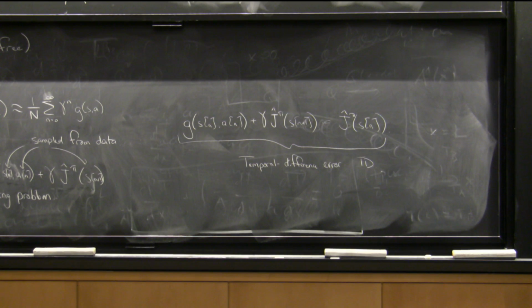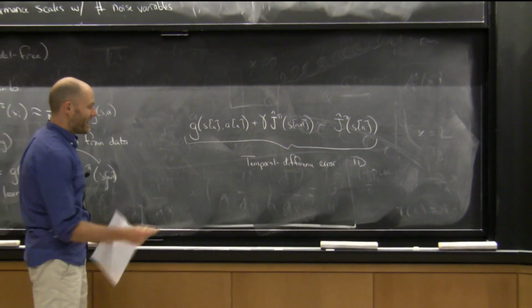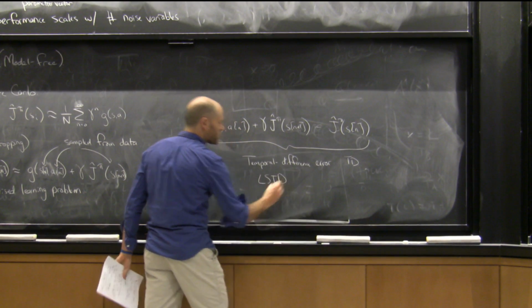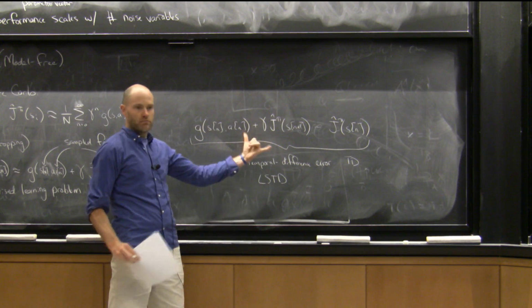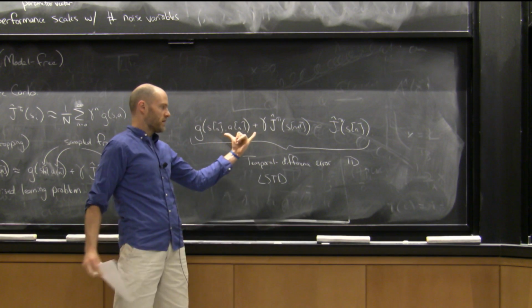And there's a whole grab bag of algorithms that use this that attempt to minimize this temporal difference error, right? So LSTD, least squares temporal difference learning, tries to collect a lot of data and then solve the least squares problem by, for instance, just doing supervised learning.